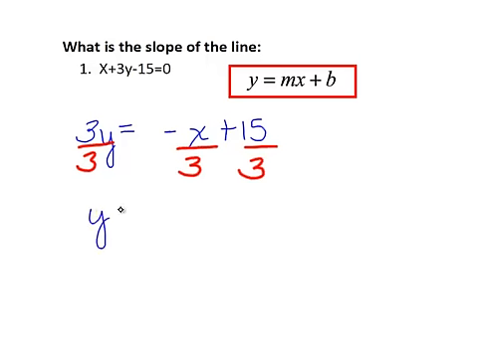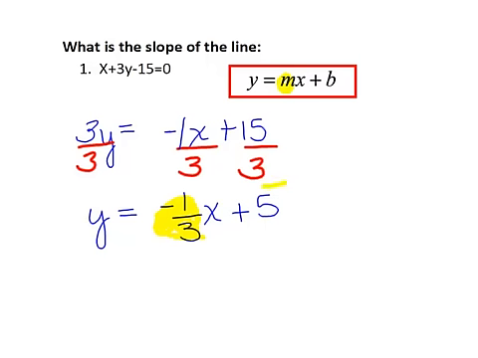So y is going to equal negative 1/3 x, because there's just like a 1 in front of that x. 1 times x is x, plus 15 divided by 3 is 5. I have this equation in slope-intercept form, so instantly I know that negative 1/3 is multiplied times x. That is the slope. The slope is negative 1/3.